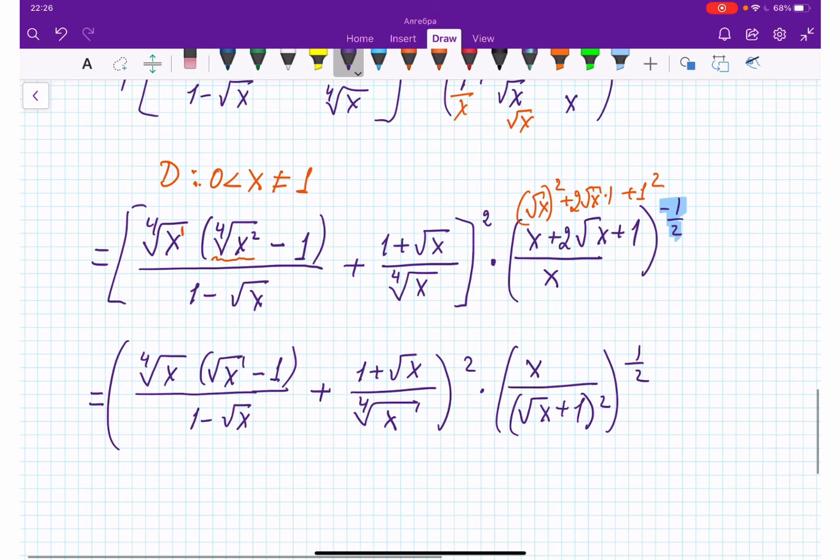Now, what is interesting here, I'm looking, I have square root of x minus 1, and I have 1 minus square root of x. So how am I going to deal with this? Very easy. Adding a negative sign here.